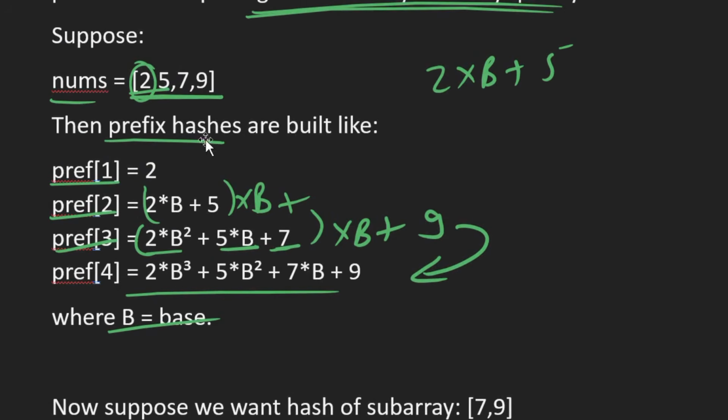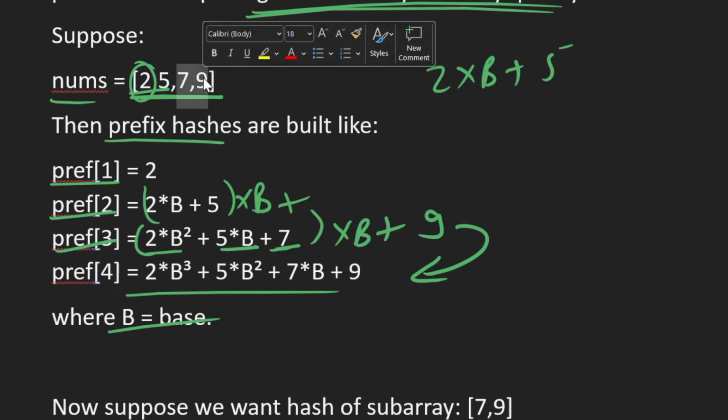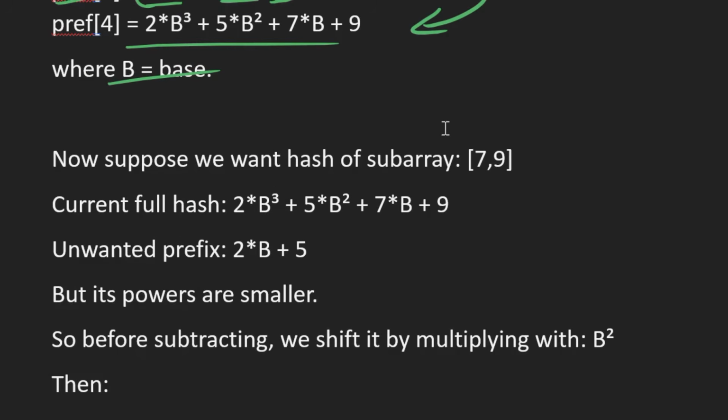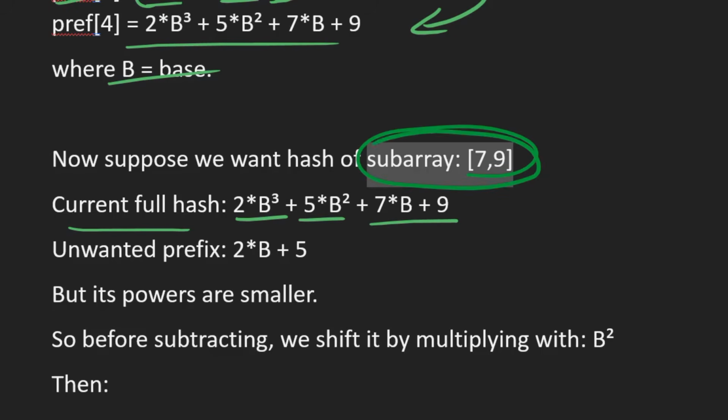Now suppose we want the hash of the subarray 7 comma 9. Our full hash value is 2 into b cube plus 5 into b square plus 7 into b plus 9. This is the full hash value, and this is the unwanted part: the unwanted prefix is 2b plus 5, but its power is smaller.